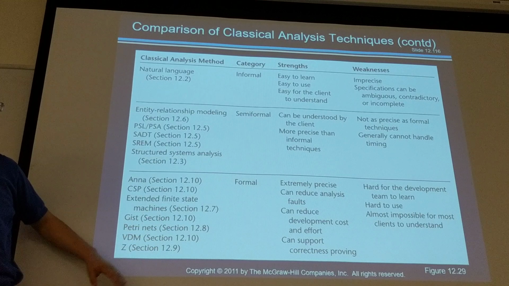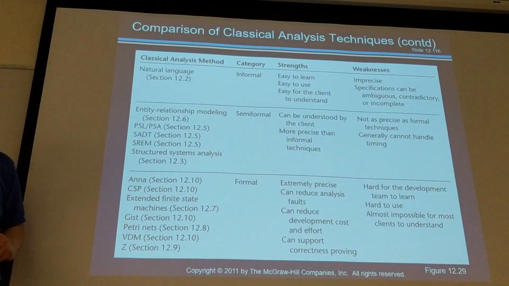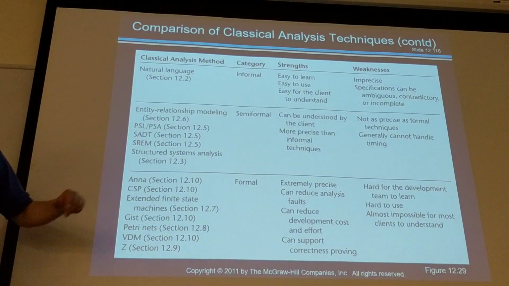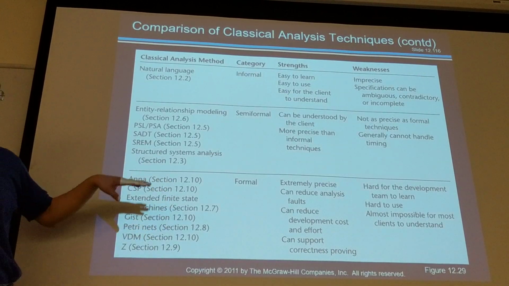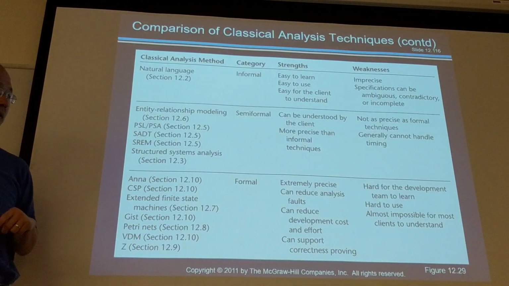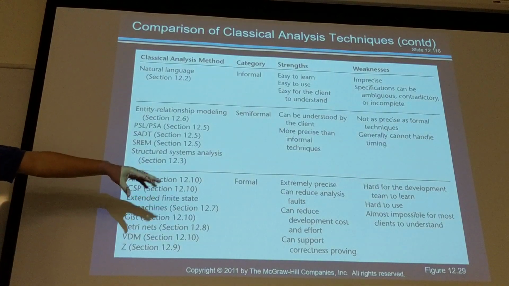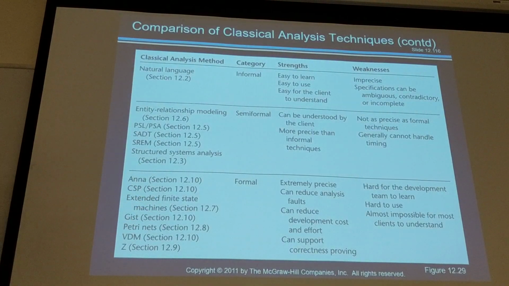Then you have really formal method, very precise, can reduce faults, can reduce development cost and effort in some cases when you really find bugs, but it's very hard to develop, hard for the team to learn and use, and almost impossible for most clients to understand.